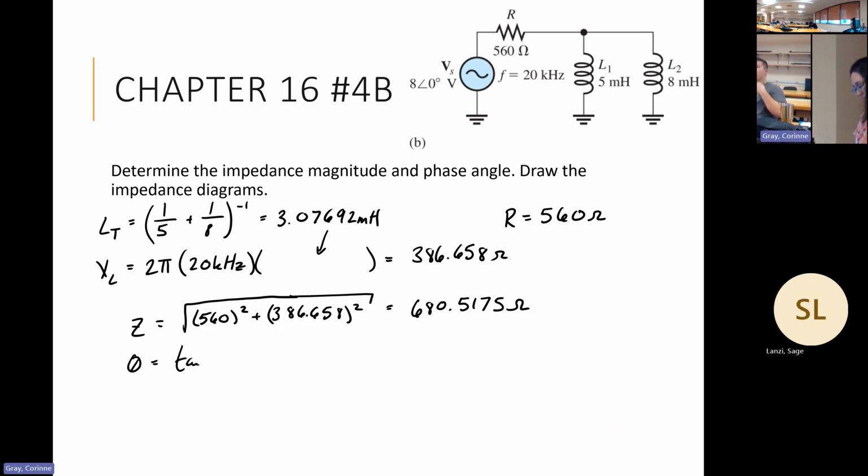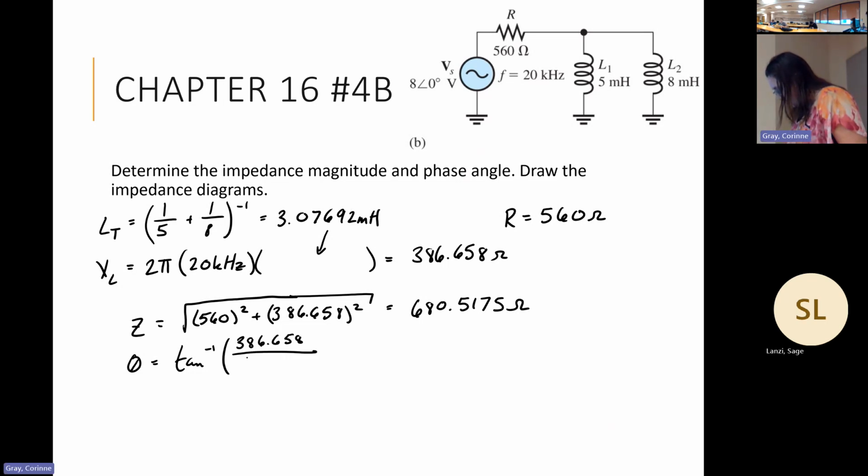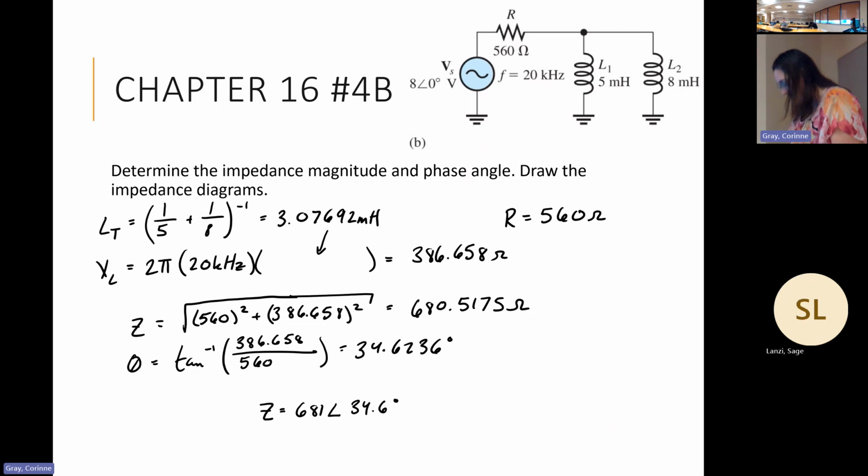And for my angle value, in this case, it's XL, so 386.658 over 560. I got 34.6236 degrees. So again, I should go through, I should make my answer look a little fancy. So I'll have Z equals 681, 34.6 degrees.